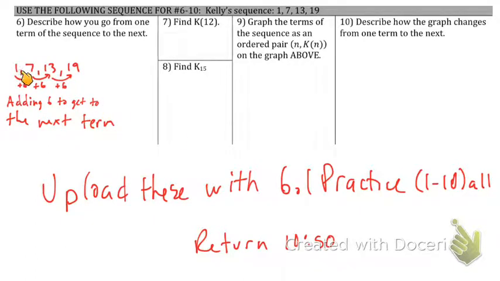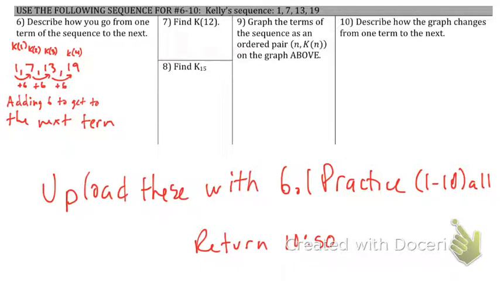So just to get comfortable with the notation, if you look at problem 7, we're calling this function k. So this is function k. That means this is k1, this next guy is k2, k3, and k4.